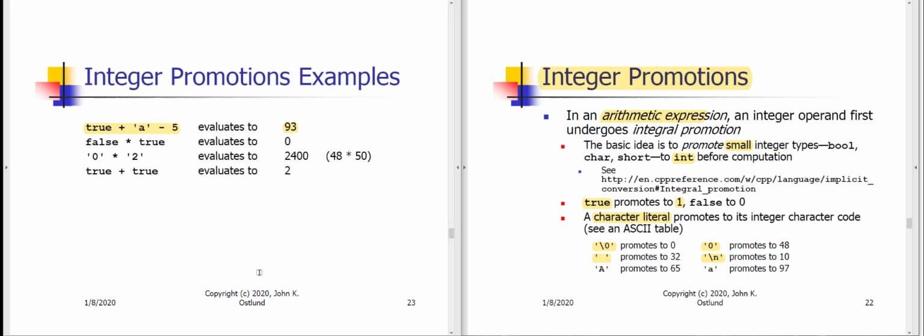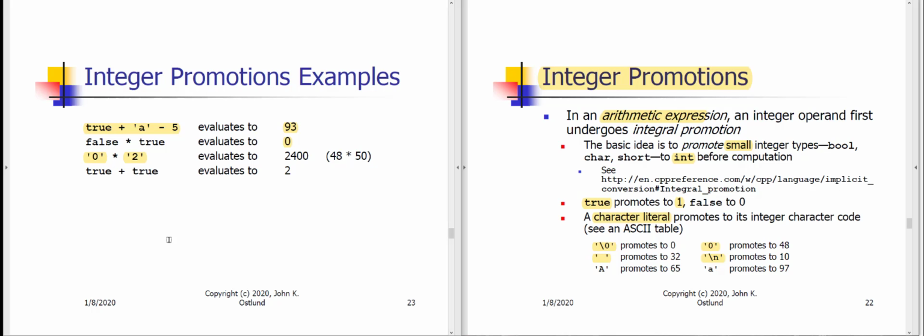All right? False times true, here we're doing multiplication involving two bool values. False is promoted to 0. True is promoted to 1. And of course, the product is an int value of 0. Now, the character 0 times the character 2, well, if we look up in the ASCII character set, we already saw that character 0 has a value of 48 in ASCII.